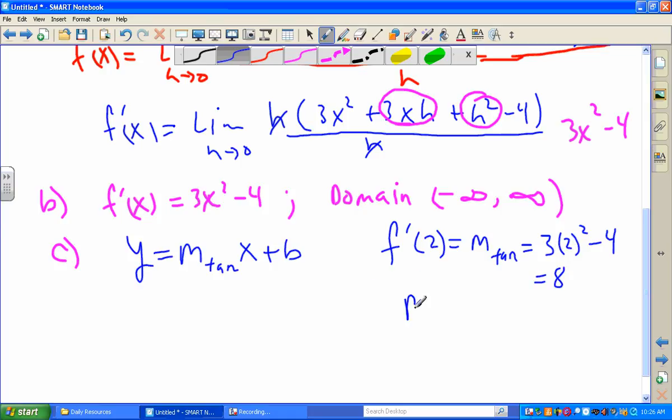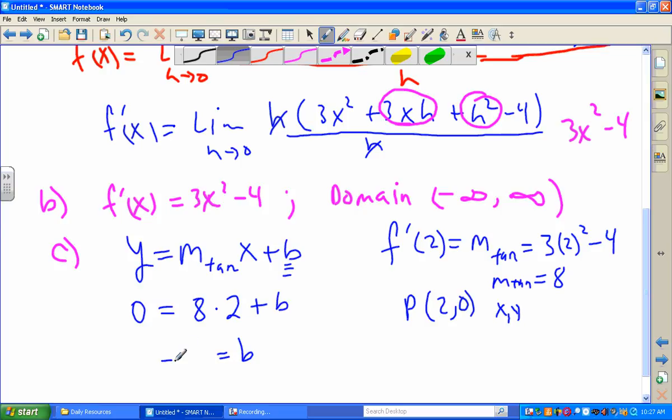The point I'm using is (2, 0), so that gives me x and y. So I got the point, I got the slope, I just have to solve for b. So I have 0 equals 8 times 2 plus b. b equals, I won't bore you with the details, negative 16. So the answer to part C would be y equals 8x minus 16.